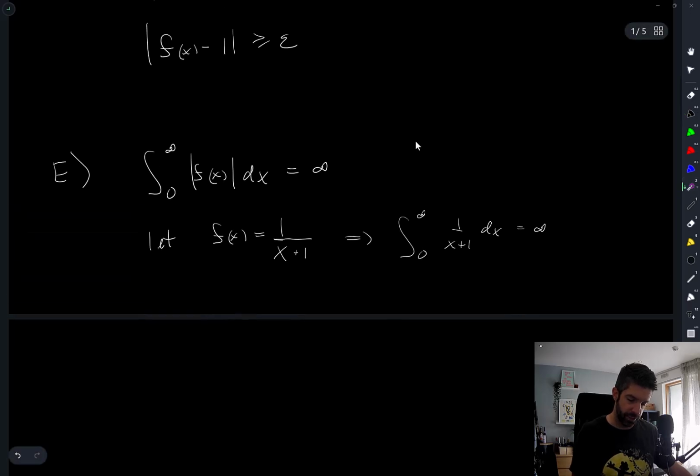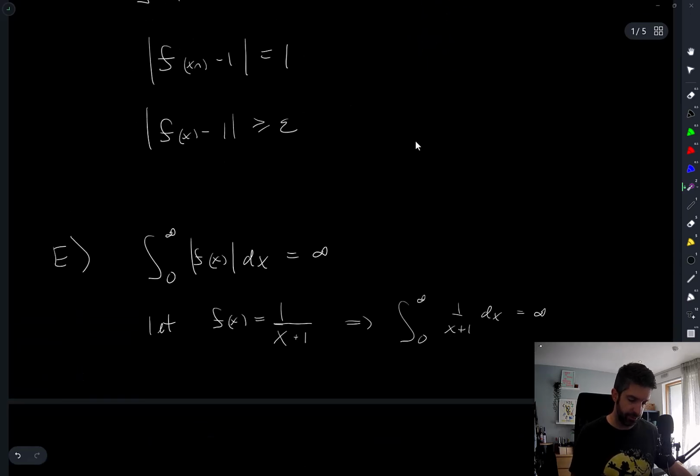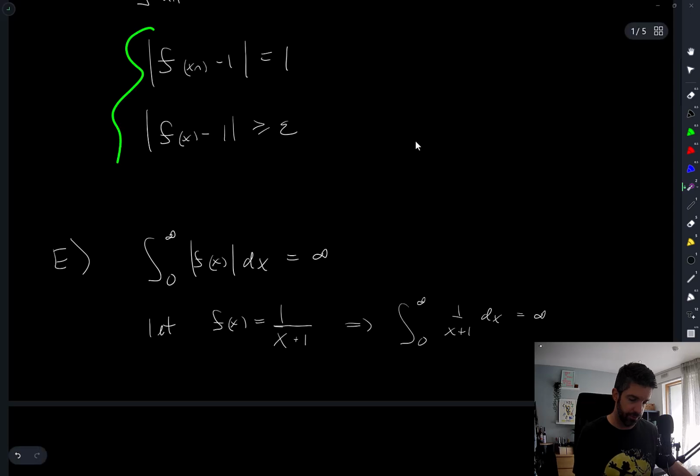But this function basically fails in a similar way to what we had up here. For very, very large values of x, the distance that this function is from 1 is about 1. It's not exactly like this, but this function can't get that far away from the number 1. So this one fails as well.